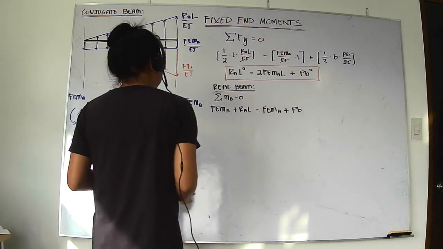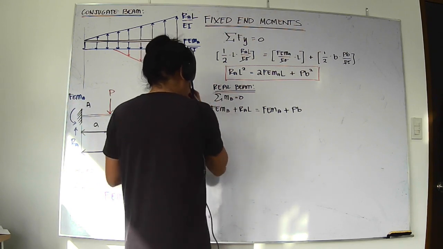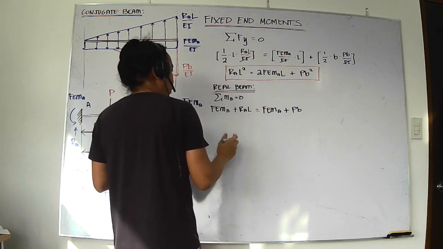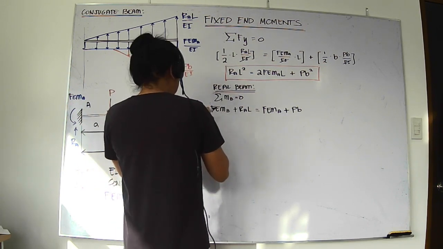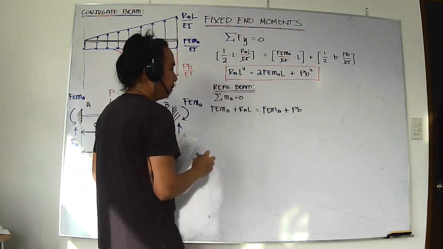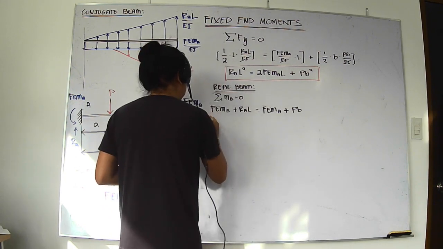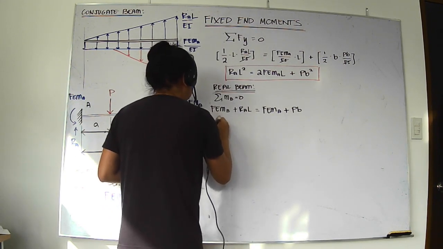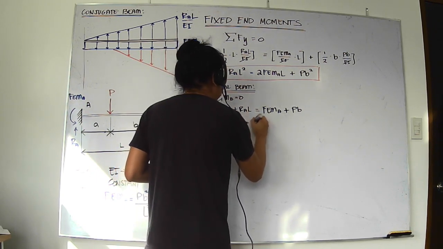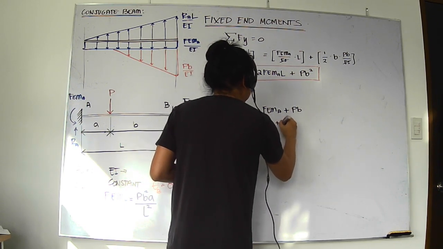Now I go back to this. We're solving for FEMB, and the goal is to get FEMA. In this case, I would like to multiply everything by L. So this essentially becomes FEMBL plus RAL squared is equal to FEMAL plus PBL.